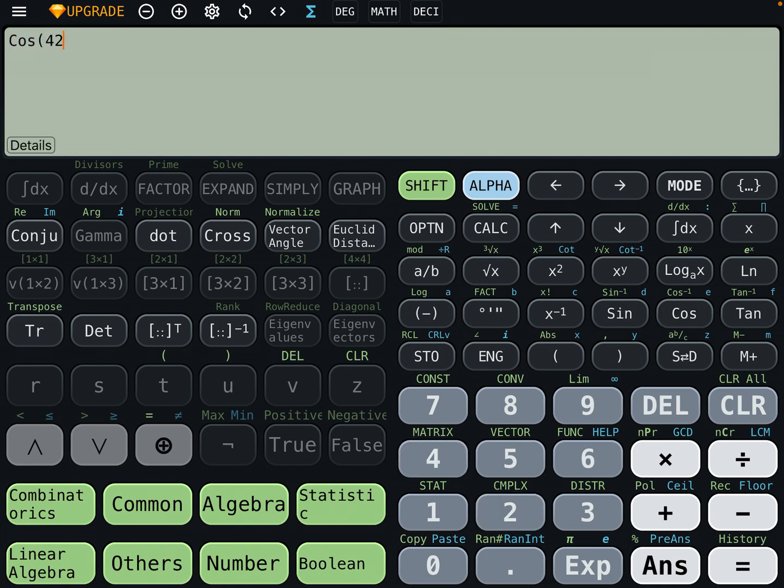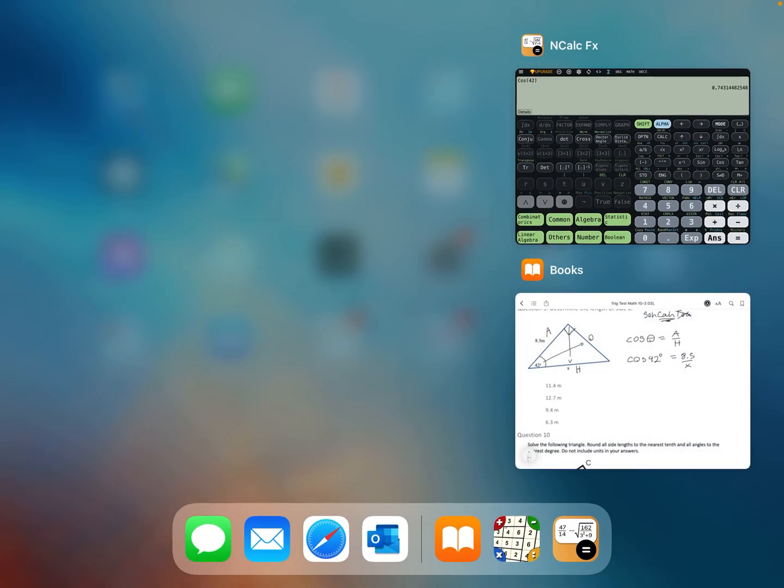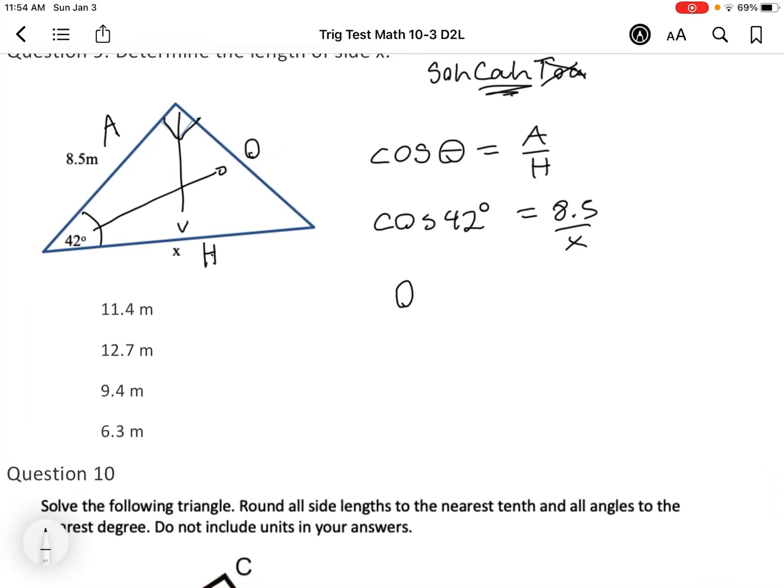Cosine of 42 equals 0.743. So 0.743 equals 8.5 over x. And once again, if I wanted to, I could put this over 1, because anything divided by 1 is itself.